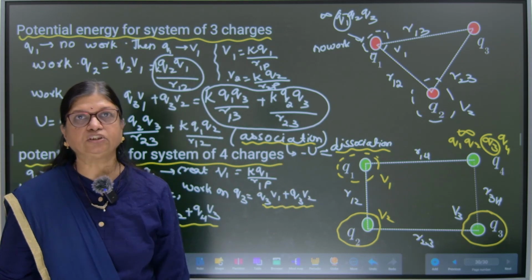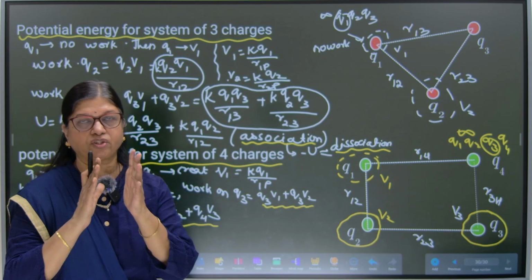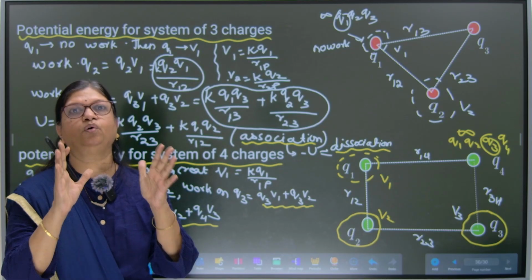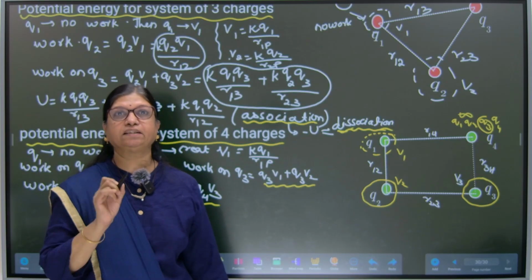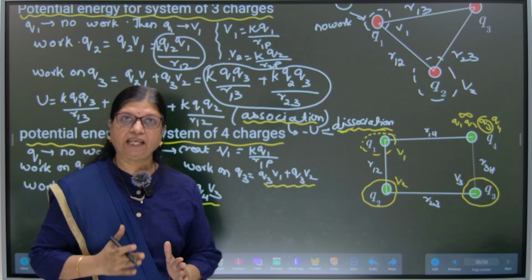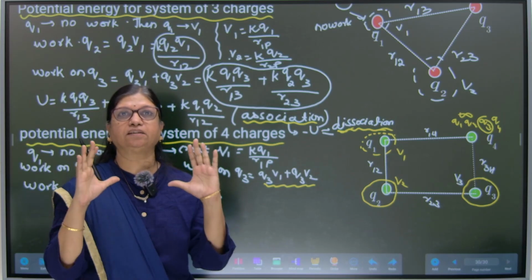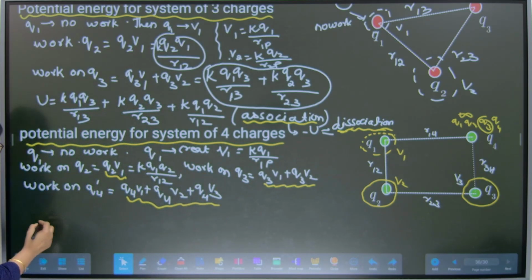That is the potential energy to associate 4 charges. So now let us write the potential energy to associate a system of 4 charges, adding all the 6 terms one by one.